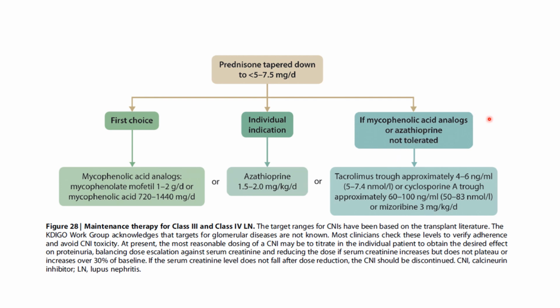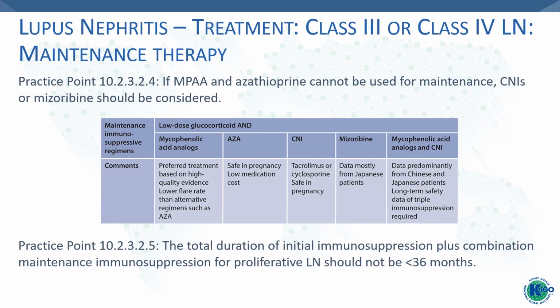If mycophenolic acid analogs or azathioprine are not tolerated or absent, you can use tacrolimus or cyclosporin or mizoribine targeting specific trough levels. Actually, the mycophenolic acid analogs are the preferred treatment for maintenance therapy, and this is based on high quality evidence.